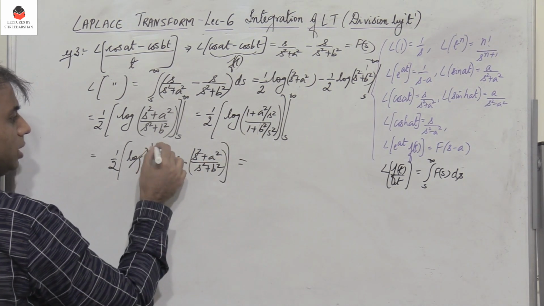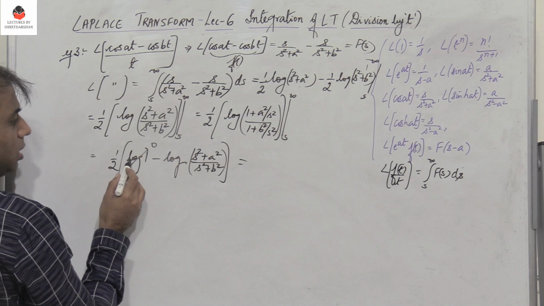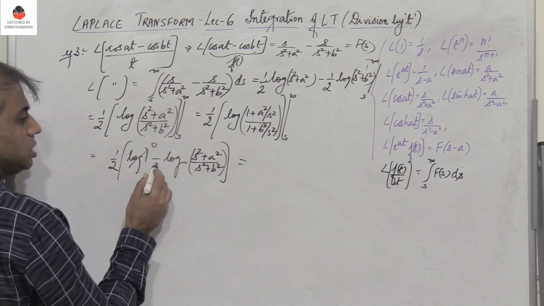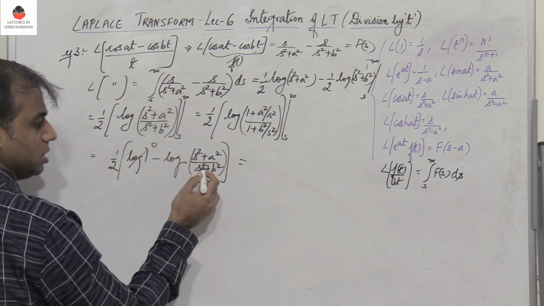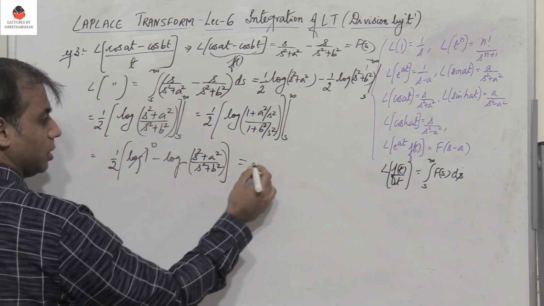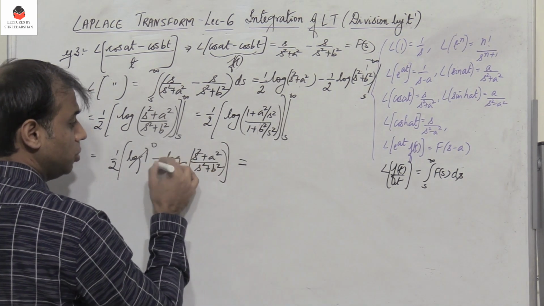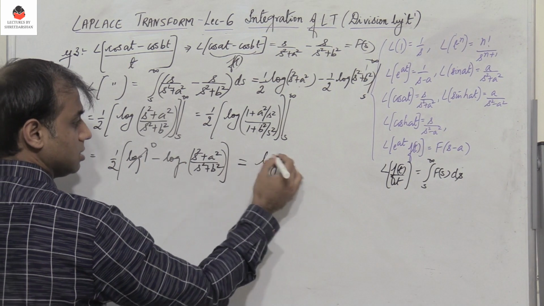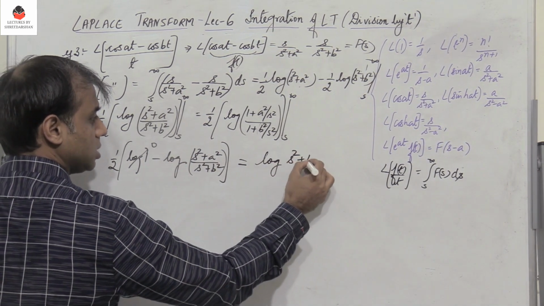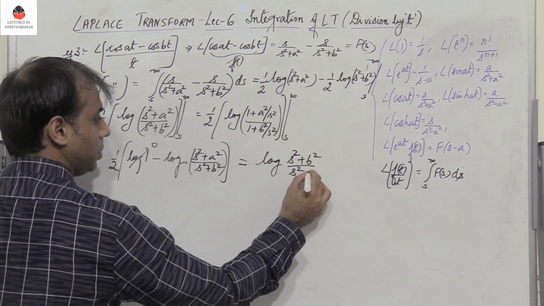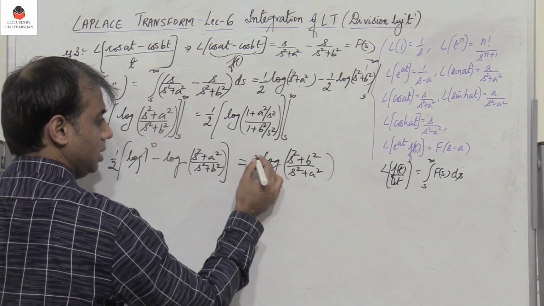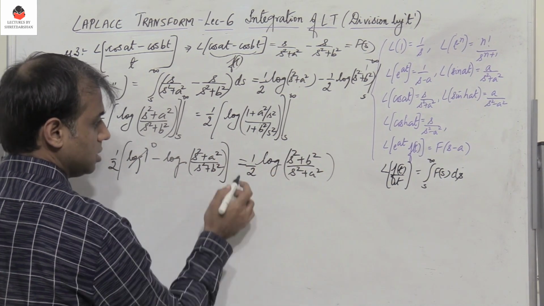What is log 1? It is 0. So it is half into minus log of s square plus a square divided by s square plus b square. To remove the negative sign, I can take its reciprocal. So you get s square plus b square by s square plus a square into 1 by 2. So this is the answer.